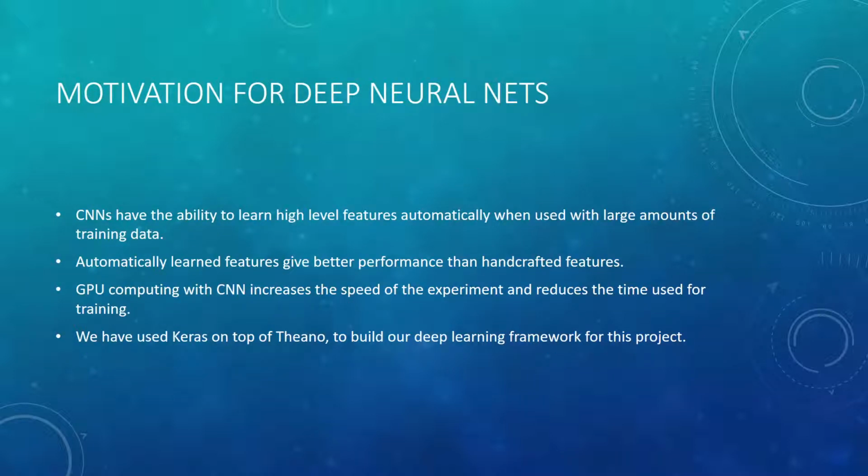Next, we have used deep learning to train the model for this problem statement. The motivation behind using deep neural networks is that they have the ability to learn high level features automatically when we give them huge amounts of training data.